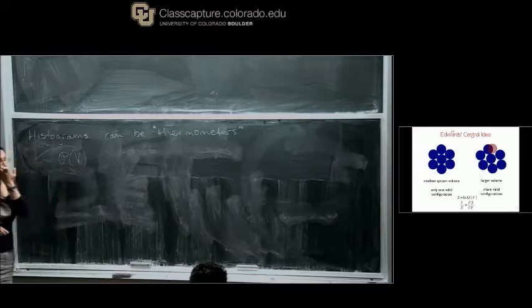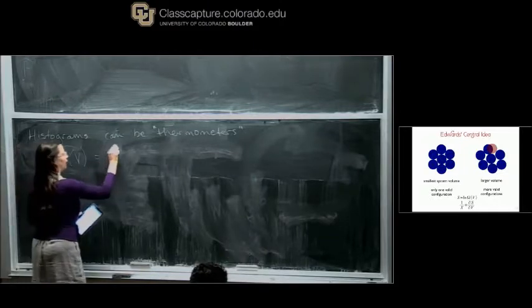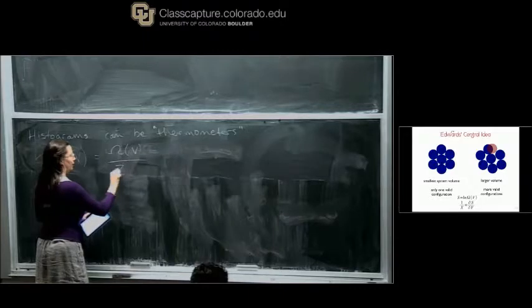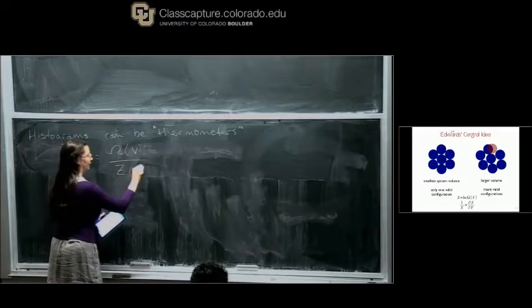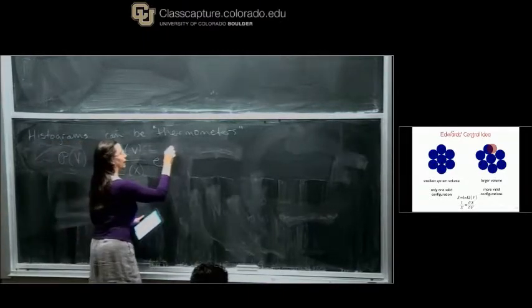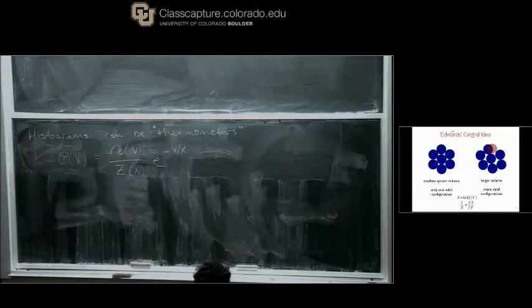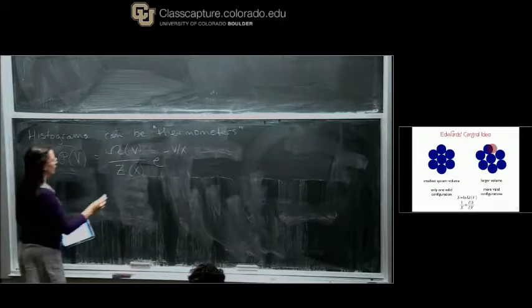So if you wanted to know the probability of observing some volume of the system, you'd have to know how the multiplicity changes as a function of the volume. You'd have to know the partition function, and this would go into your Boltzmann factor.